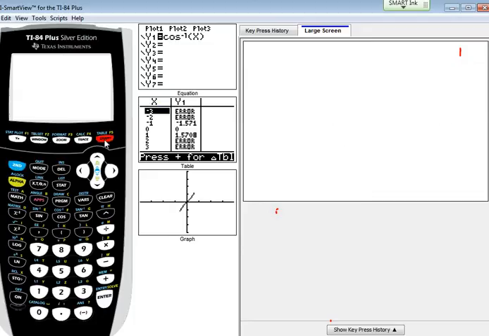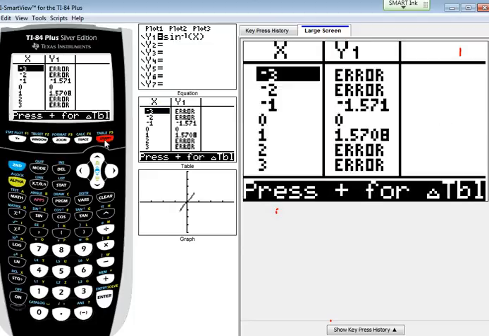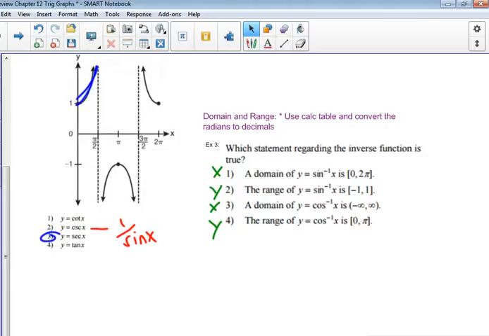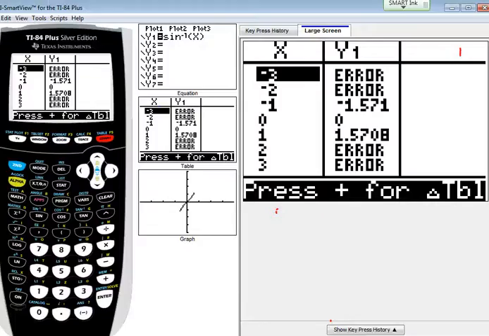So if you use your second graph and you pull up your table, look to see what they're asking you guys about. They want to know with the domain. So on the x, we want 0 to 2 pi. Okay. So your x part, we have 0 through. Is it 0 to 2 pi or is it 0 to negative 1? 0 to negative 1. Yeah, that's not going to work.